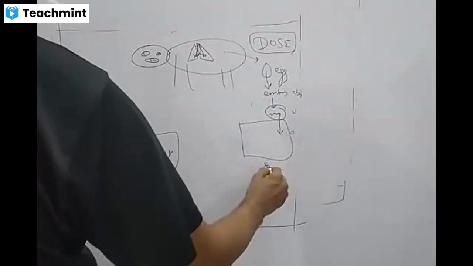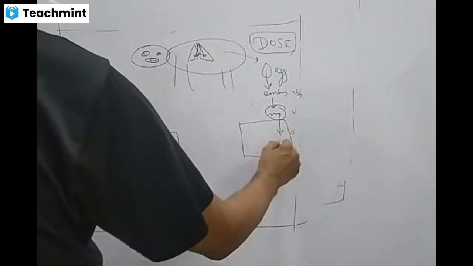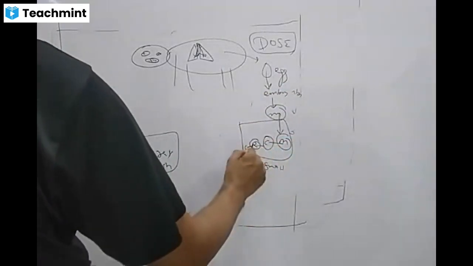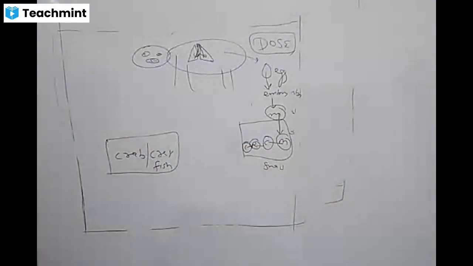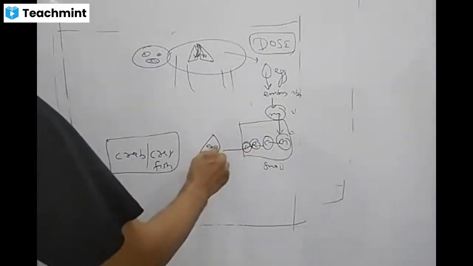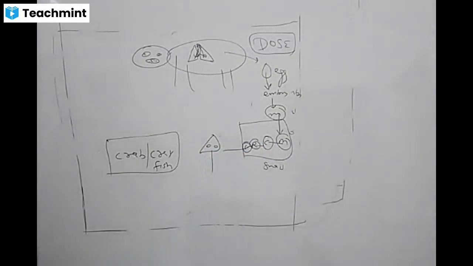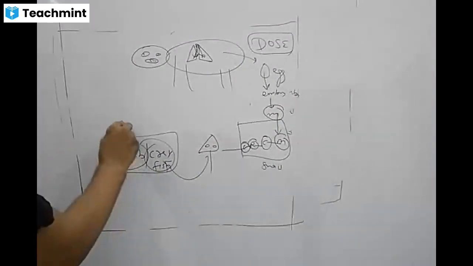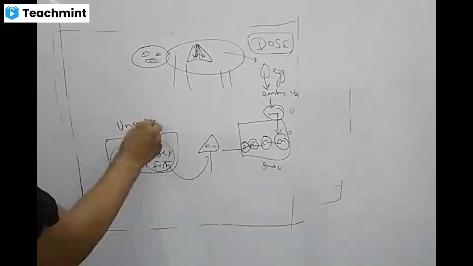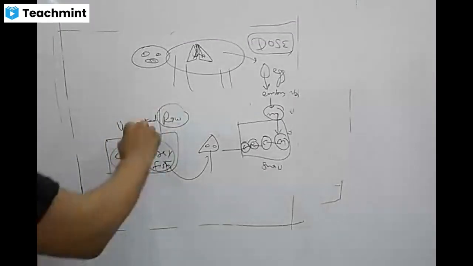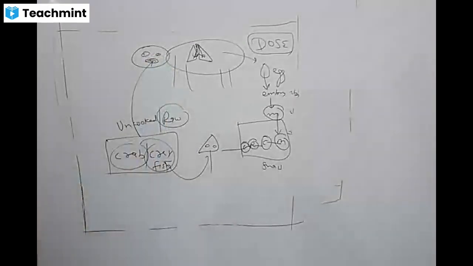It will enter the body of the snail, and M will transform into C, R, C, Cercaria. So what comes out is the Cercaria. This Cercaria will enter into the body of crab or crayfish, and this uncooked or raw crab or crayfish is eaten by the definitive host.